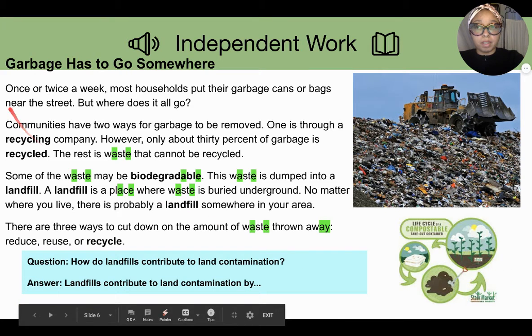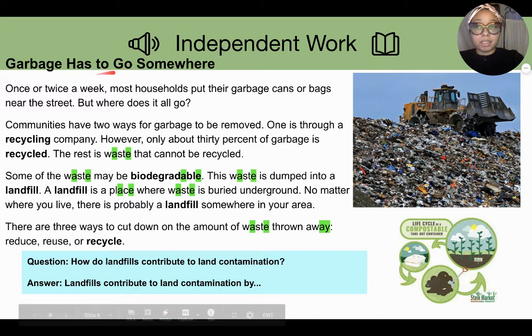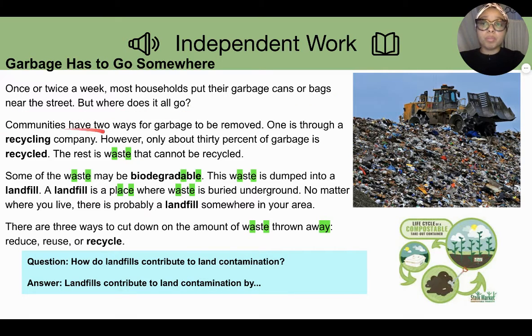Garbage has to go somewhere. Once or twice a week, most households put their garbage cans and bags near the street. But where does it all go? Communities have two ways for garbage to be removed. One is through a recycling company. However, only about 30% of garbage is recycled. The rest is waste that cannot be recycled.